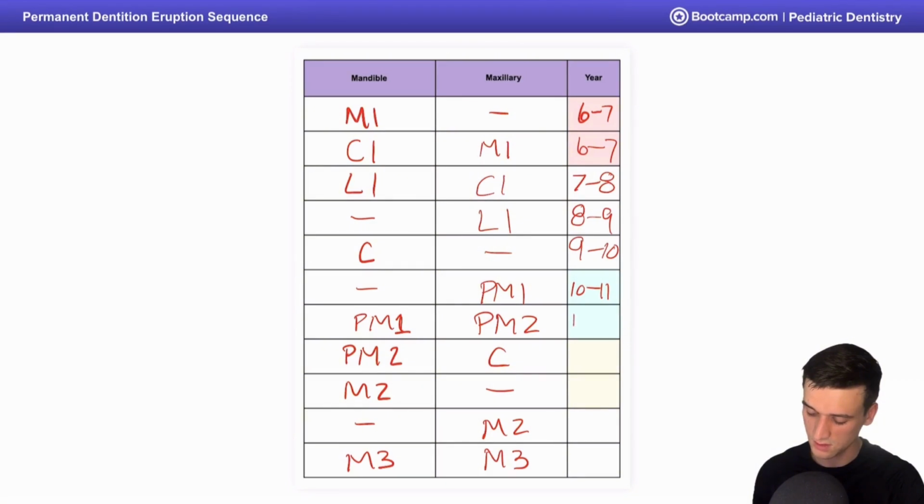So we'll go ahead and do 10 to 12 this time. Then we'll go 11 to 12, and we know that 11 repeats as well, and we're going to expand this range too. So this is going to be 11 to 13. We'll then go 12 to 13. And then to finish it off, we're actually going to take quite a large leap, because with the third molars, the anticipated range is actually 17 to 21.